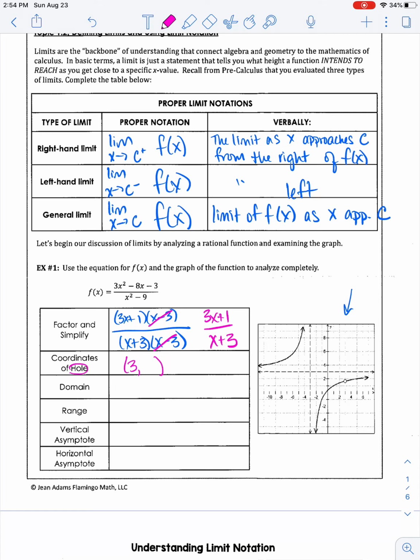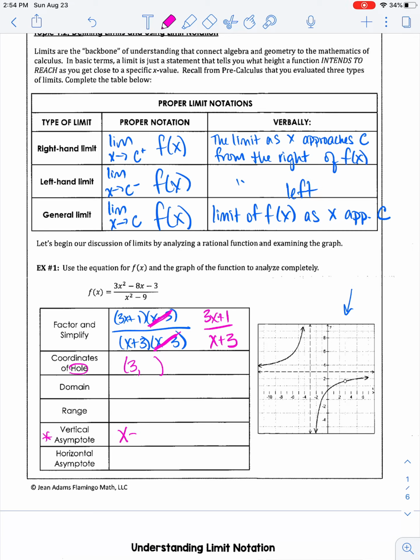What's left is what we're going to use to figure our vertical asymptotes. So for the vertical asymptote, you take the bottom and set it equal to 0 and solve it. But remember, we're not going to use this piece because it canceled. It's a hole, not an asymptote.